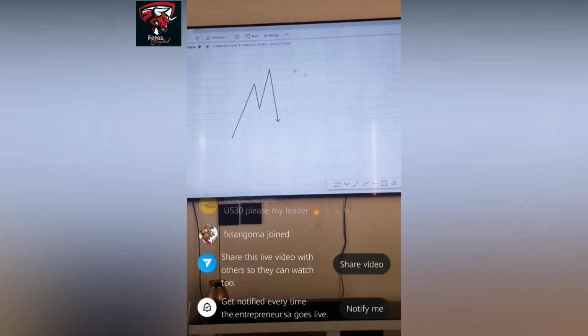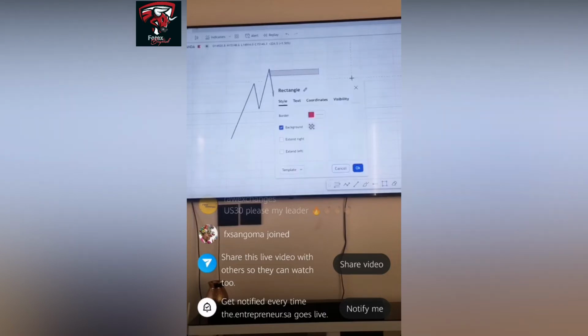If we're looking to sell this market off, right? When we talk about an extreme imbalance, which imbalance are we talking about? Are we talking about the low? If there's an imbalance over here and an imbalance over here, and an imbalance then over here, what is my extreme imbalance?